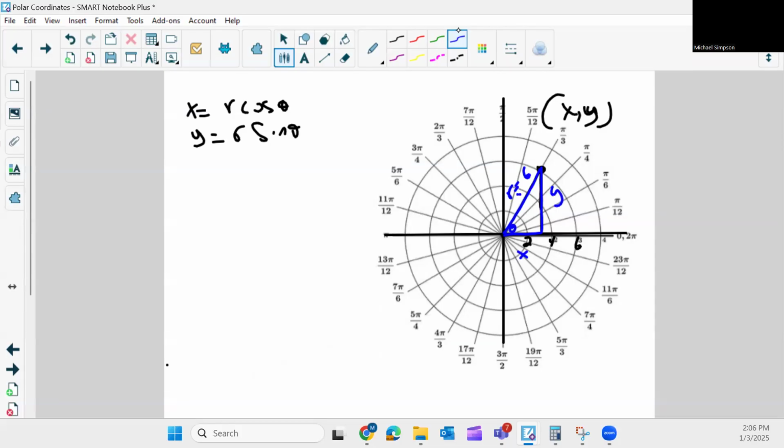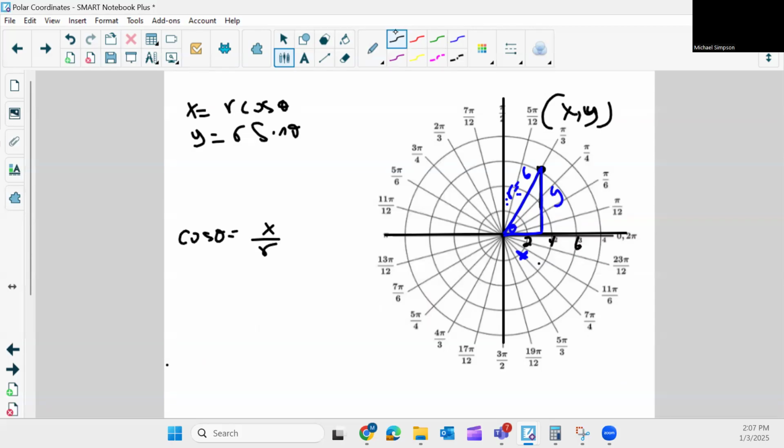We know we can use SOH CAH TOA to write a formula or a ratio between x, the angle, and r. This is the adjacent side. This is the hypotenuse. So I can write cosine of the angle is equal to the adjacent side x over r.